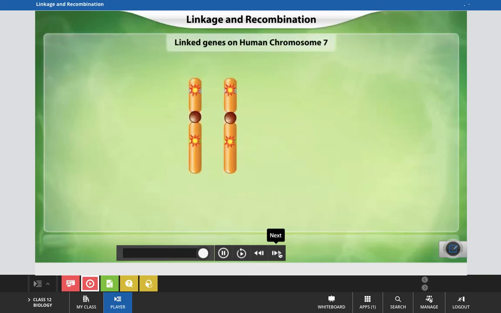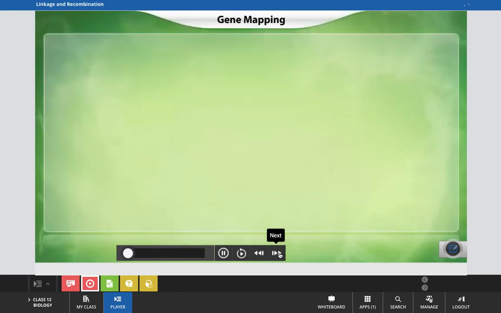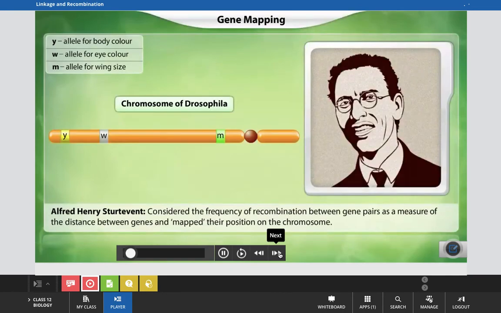In humans, genes associated with cystic fibrosis and color vision deficiency are linked. Alfred Sturtevant, one of Morgan's students, considered the frequency of recombination between gene pairs as a measure of the distance between genes and mapped their position on the chromosome.